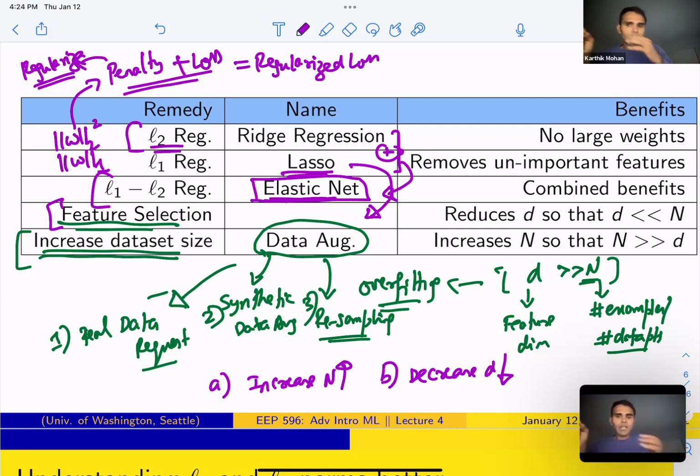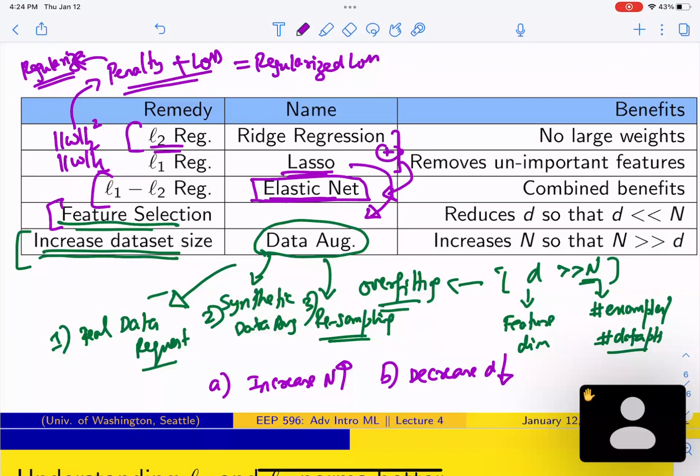When you have ElasticNet, you have a combination of this. So if you applied ElasticNet and you had 100 features to begin with, maybe you'll end up with 50 features because lasso was involved, but also the weights corresponding to those 50 features are toned down because of ridge regression. Okay, I see.